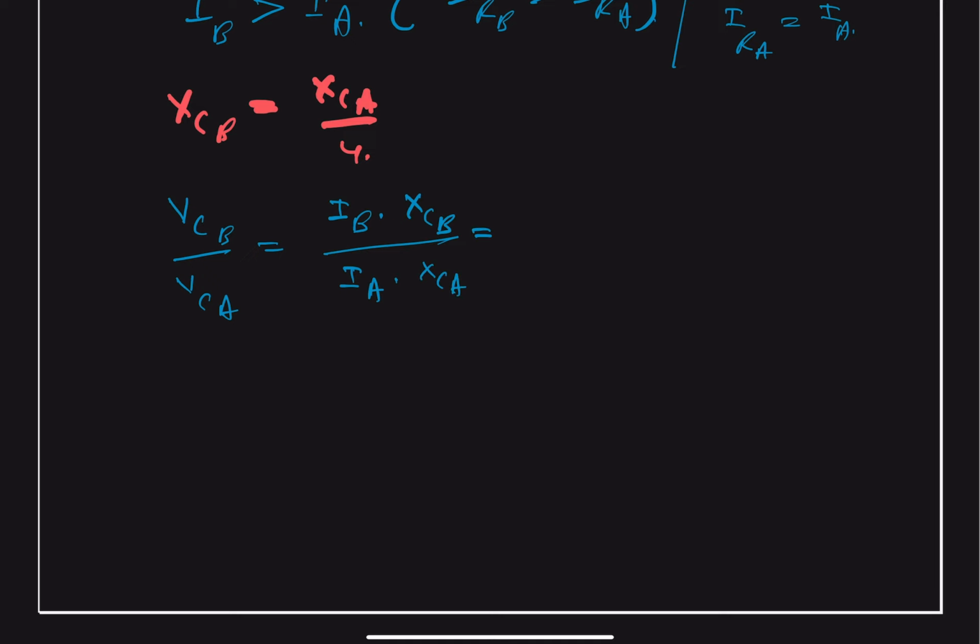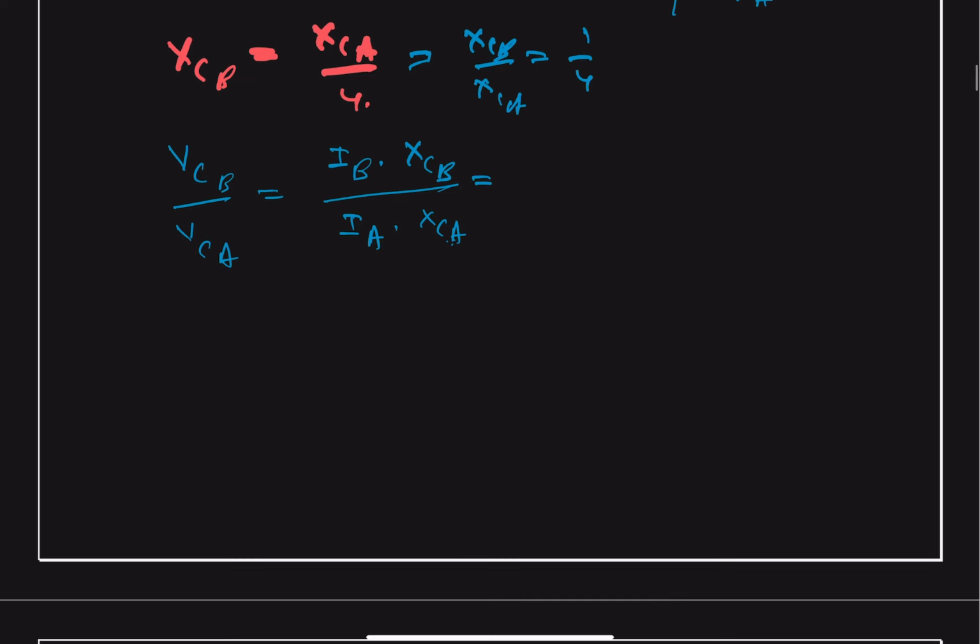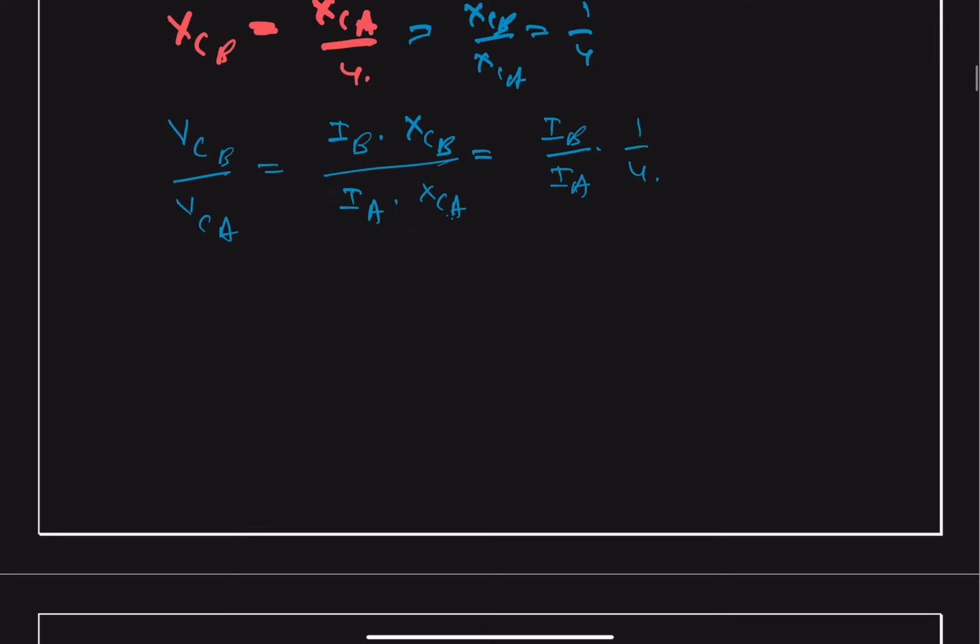The ratio XCB upon XCA is 1 by 4, so this can be written as IB upon IA multiplied by 1 by 4. We already know the ratio of IB and IA can be calculated using the impedance equation.